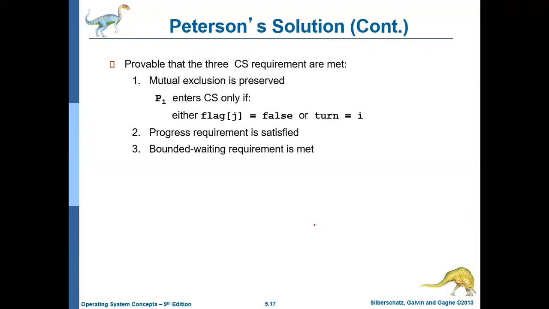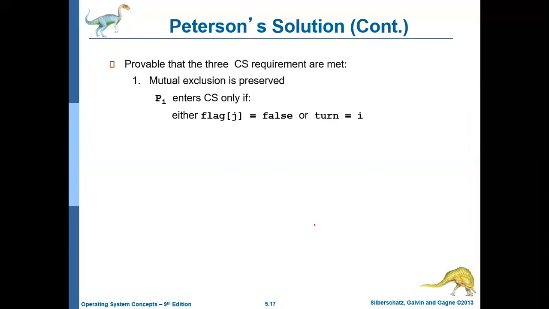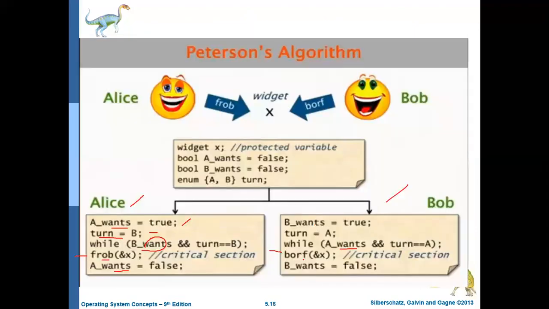Bounded wait in the sense that if both Alice and Bob want to enter the critical section, then either A or B will get it. If Alice gets it first, then once Alice comes out, even if she wants to go again immediately, that cannot happen because Bob is waiting. So the turn will be given to Bob, and then Alice, and then Bob. Even if both of them want to access continuously, it will follow this order: Alice, Bob, Alice, Bob.